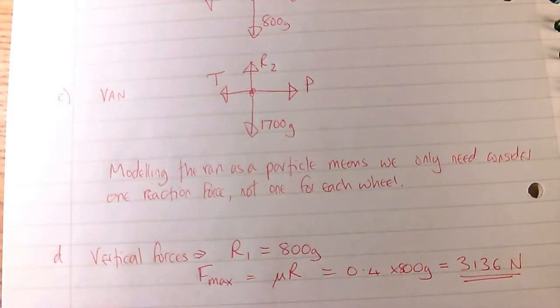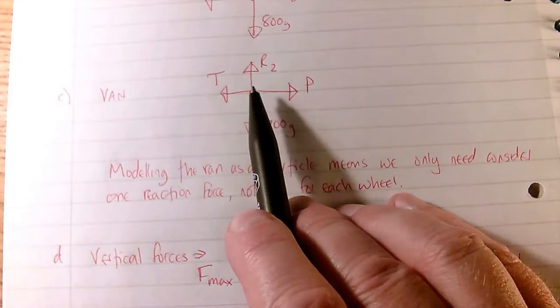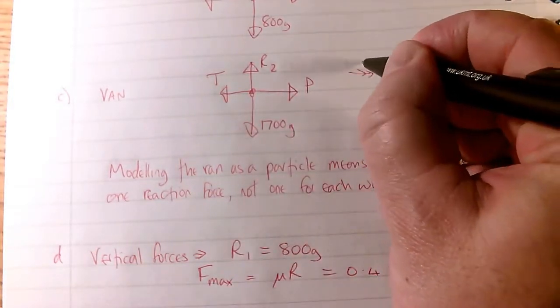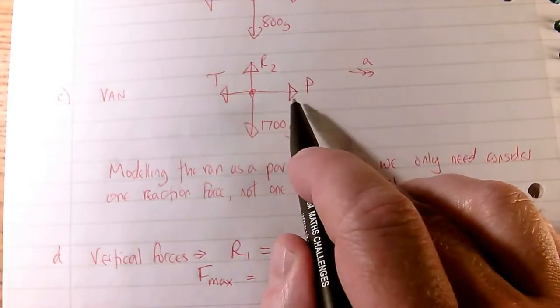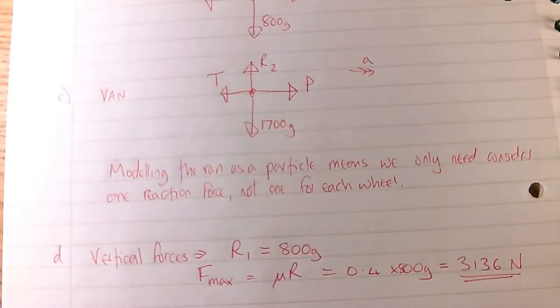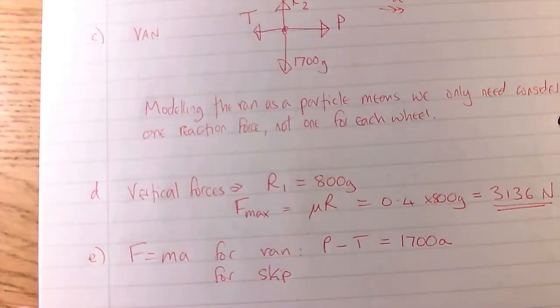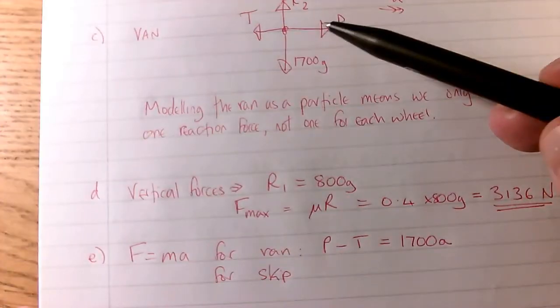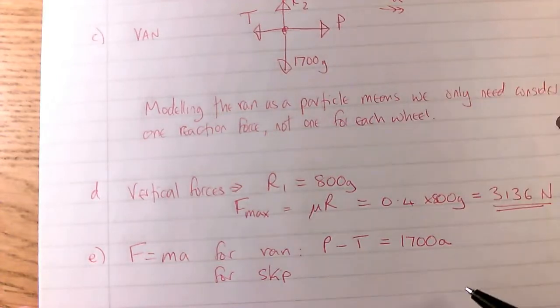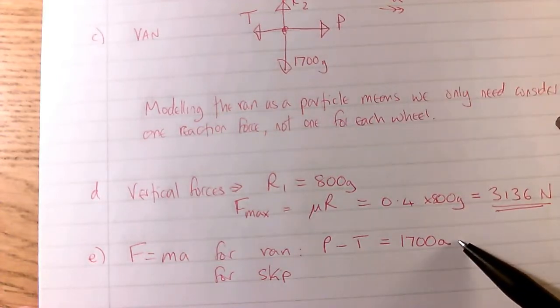For the van, the acceleration is this way. Take that to be positive. So the resultant force is P minus T, which equals ma for the van. So P minus T equals the mass, which is 1700, times A. So that's F equals ma for the van.